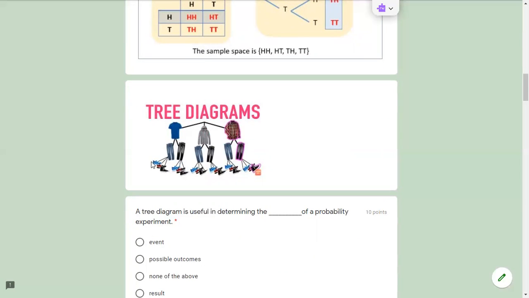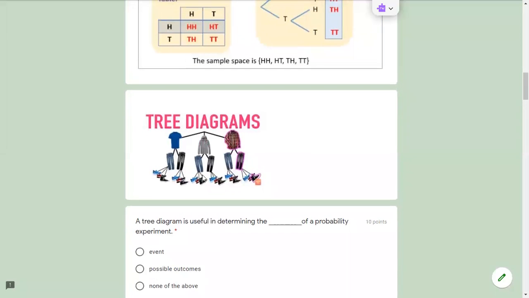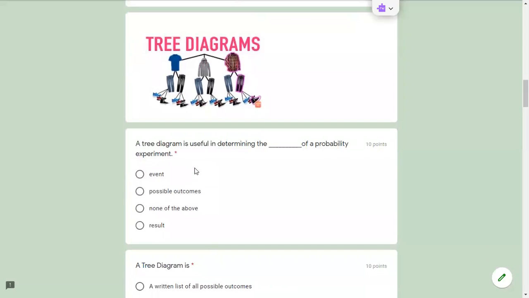But if you count that very bottom row, that would be how many outcomes there are for that sample space. So 3 times 6, which is 18. So there's 18 possible combinations, outcomes.